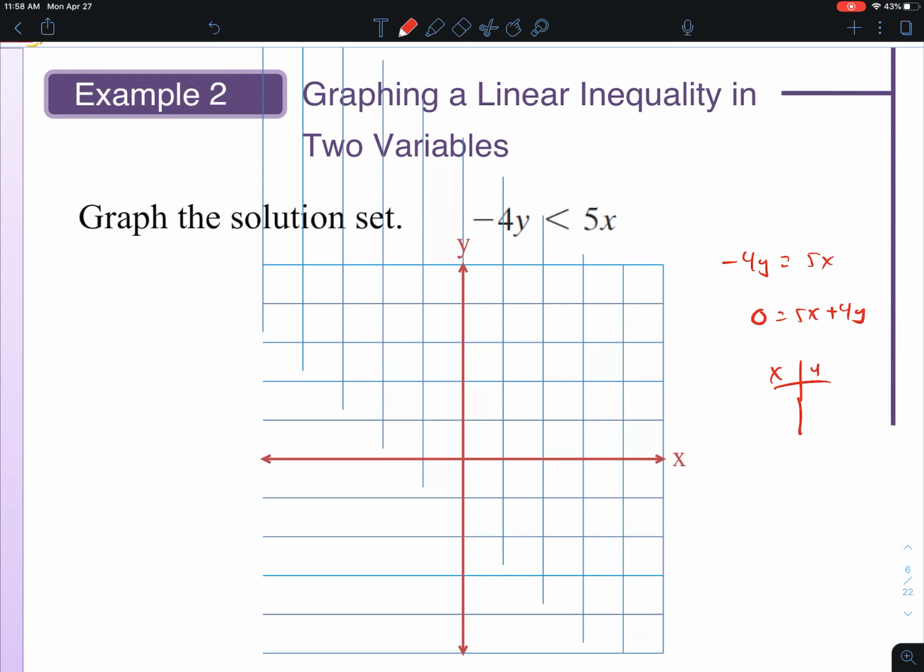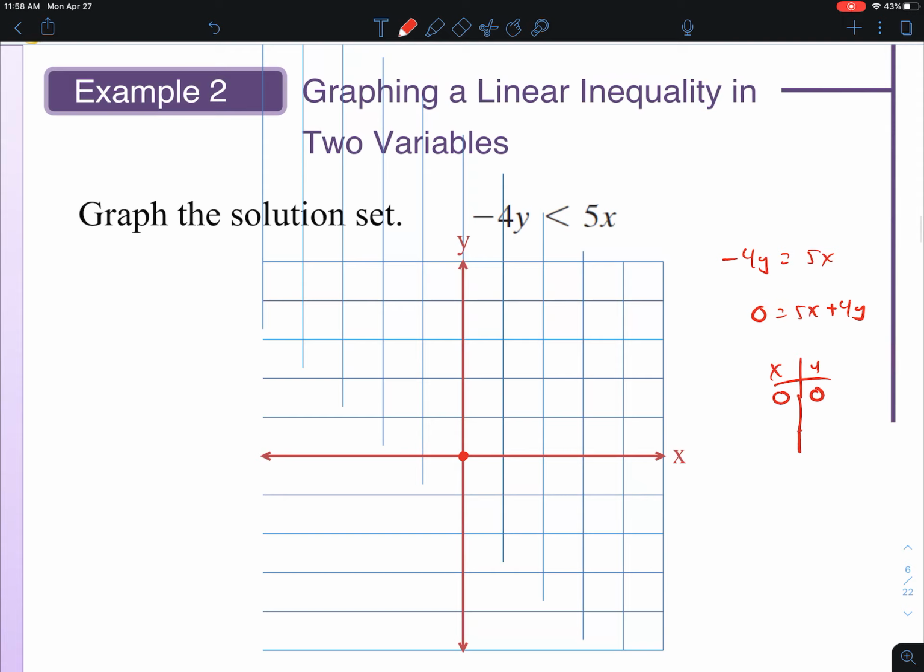So in order for this equation to equal 0, if I pick 0 for x, so 5 times 0 is 0, then 0 is equal to 4 times y, so y can only be 0. Right? And so that's the first point that we have.